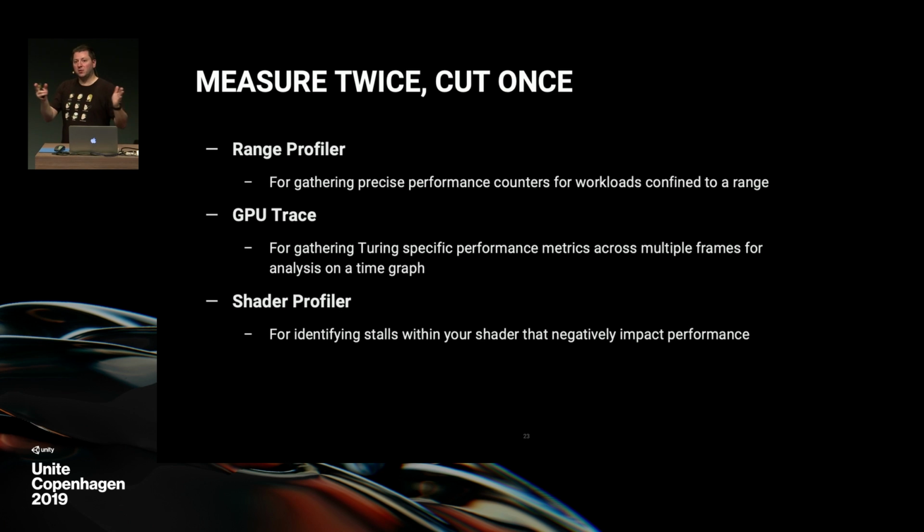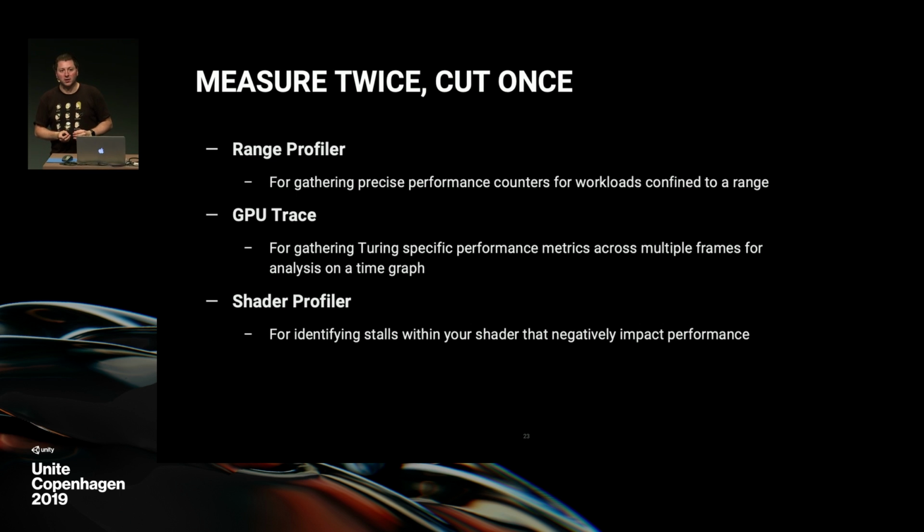GPU Trace takes it to the next level, which is not just these range boundaries, but potentially the entire frame, or up to 5 frames, actually. So if you do workloads that actually span a frame, which a lot of developers are doing now, you can actually see what the performance is from that, the byproduct of that. So you get Turing-specific performance metrics, and you can see all this on a time graph, and we'll talk about that more in a second.